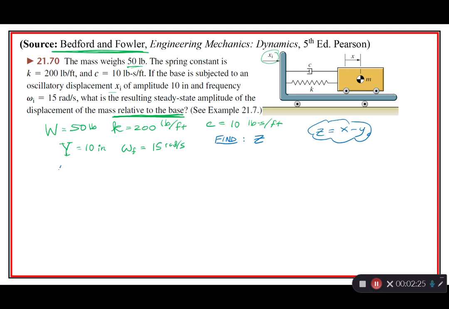So first things first, find the natural frequency of it. And remember that these are US units, good old US of A. And we could use the weight, but we needed the 32.2 to turn it into the slugs. And that way the units will balance out. We get 11.35 radians per second.